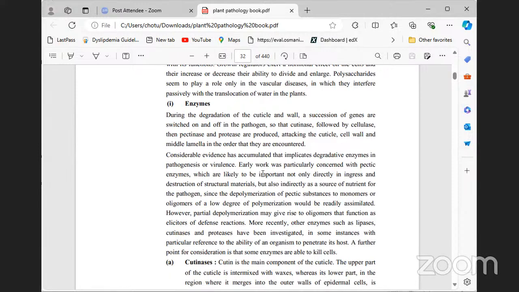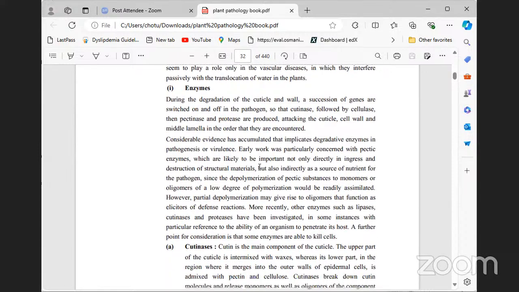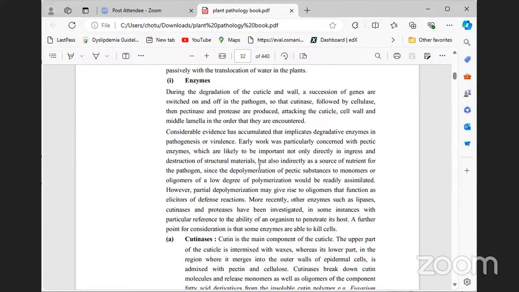These enzymes are produced, attacking the cuticle layer, cell wall layer, and middle lamella in the order they are encountered. Considerable evidence has accumulated that implicates degradative enzymes in pathogenesis or virulence.